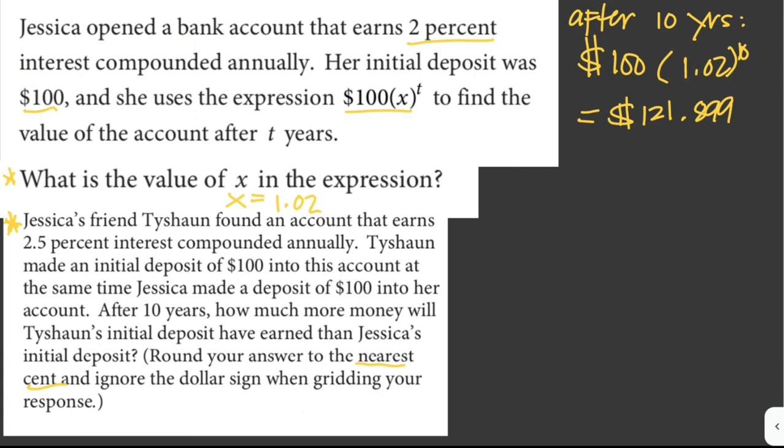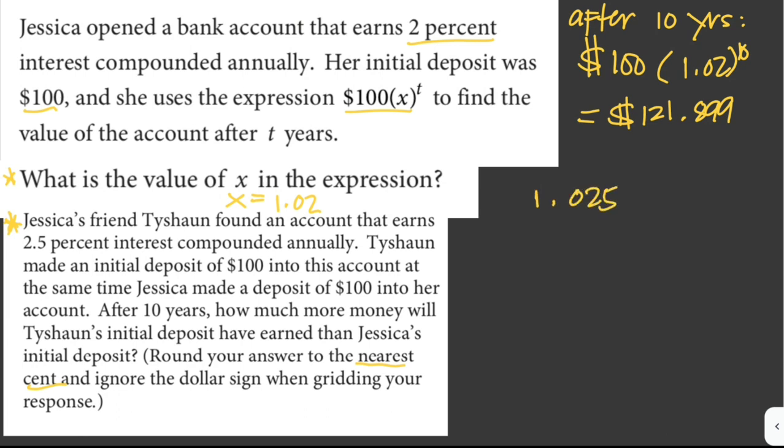On the other hand, Tishon made an initial deposit of $100 into his account, but the interest on his account is 2.5% compounded annually. So after 10 years, the value of his initial deposit would be multiplied 10 times by the factor 1.025.